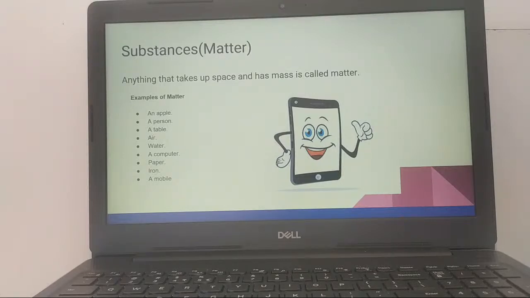For example, the mobile which has connected us right now is matter. So now you can check whether the fact which you are learning is correct or not. Just keep your mobile down where you are sitting and you can see that it occupies some space.